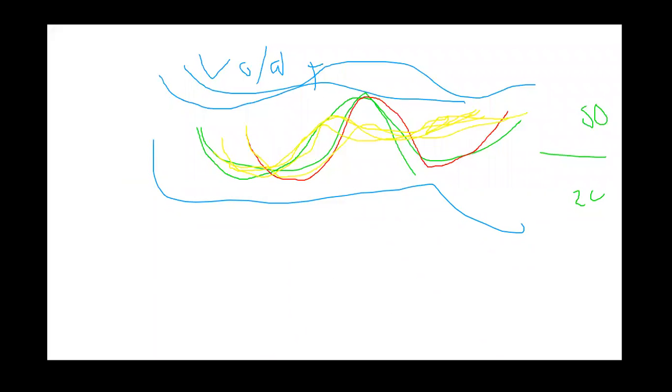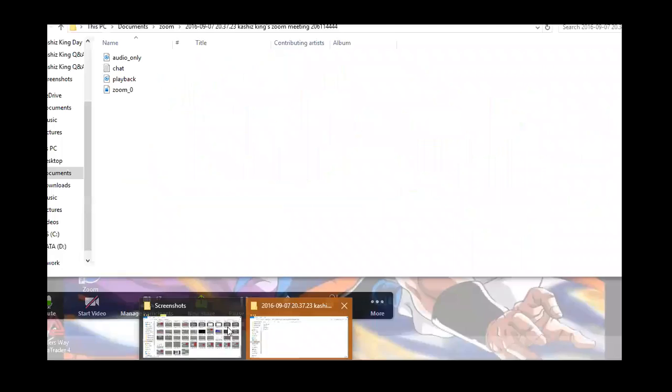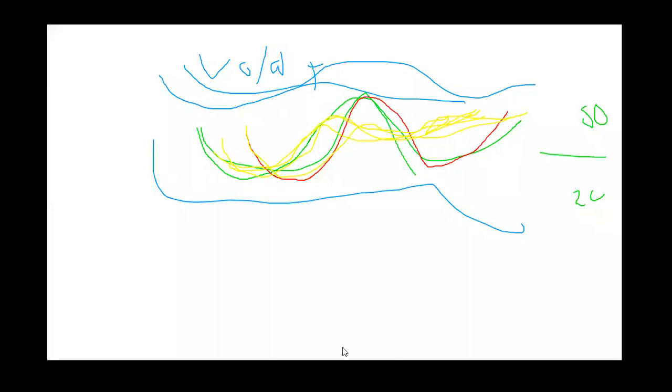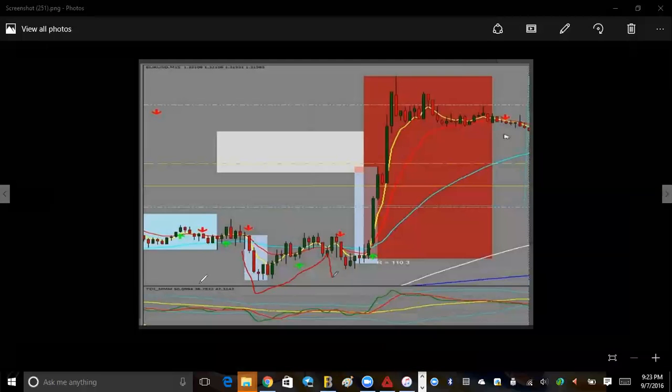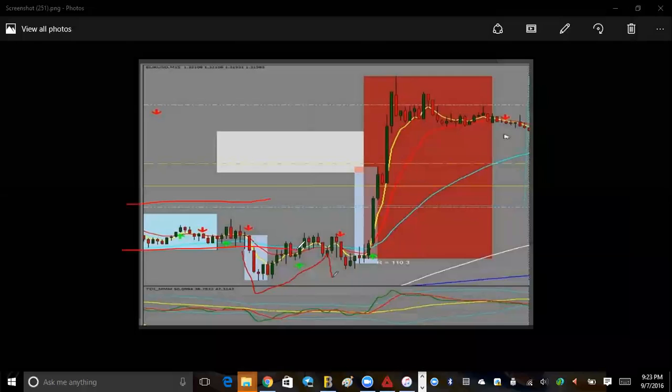As I was saying, guys, let's look at that picture again one more time. Okay. As I was saying, same thing. You see how this is a different scenario?